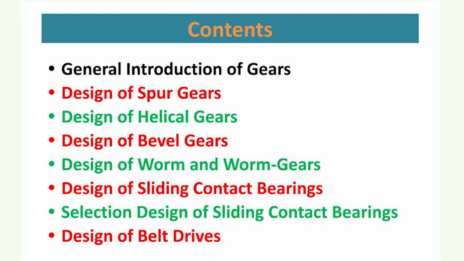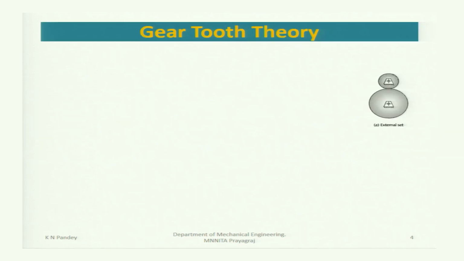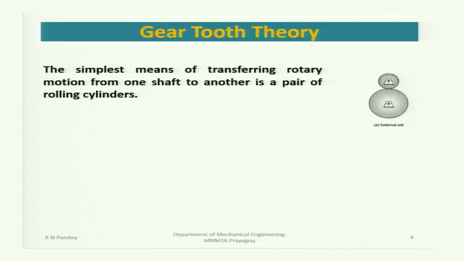So, let us start this lecture series with a general introduction about gears. The simplest means of transferring rotary motion from one shaft to another shaft is a pair of rolling cylinders.